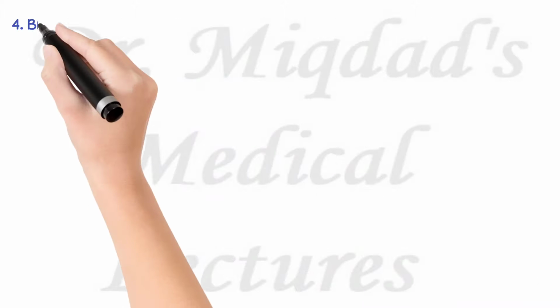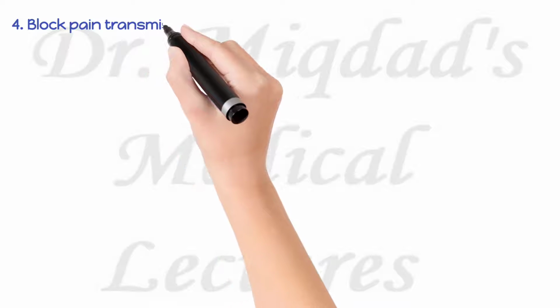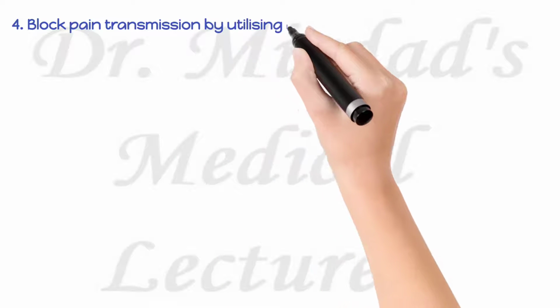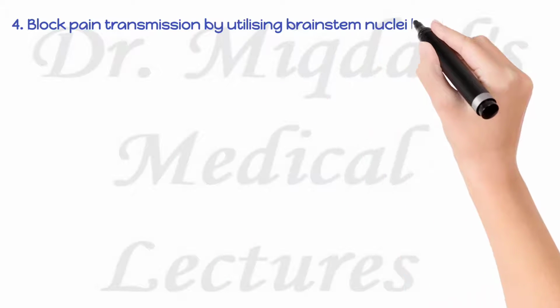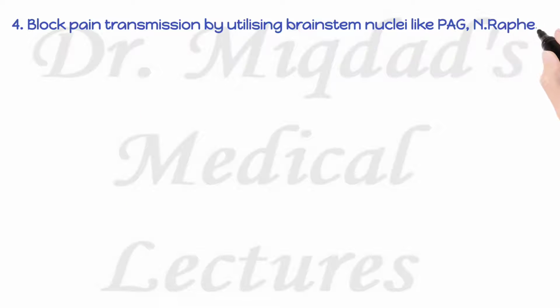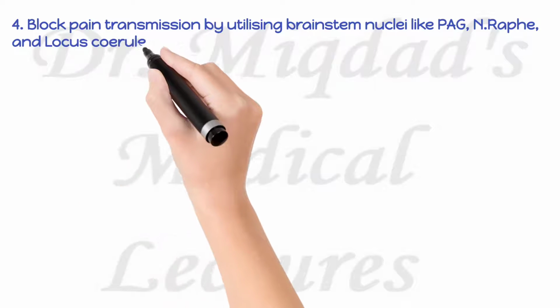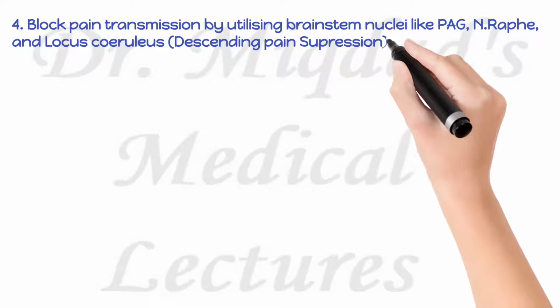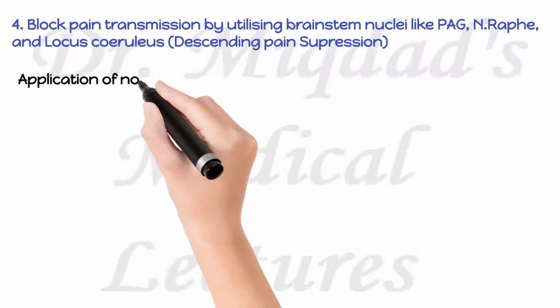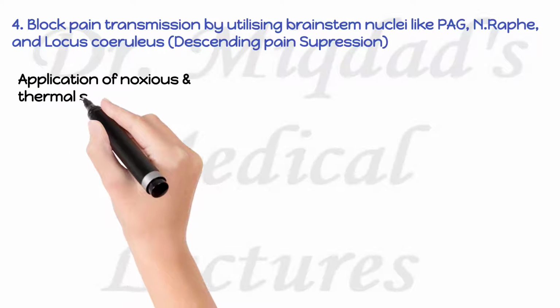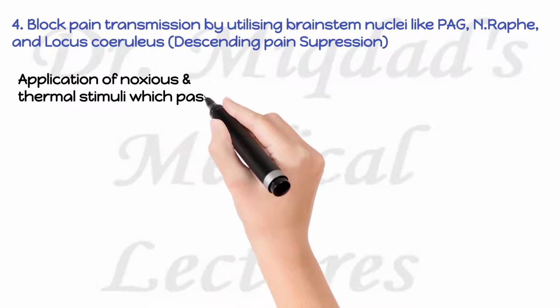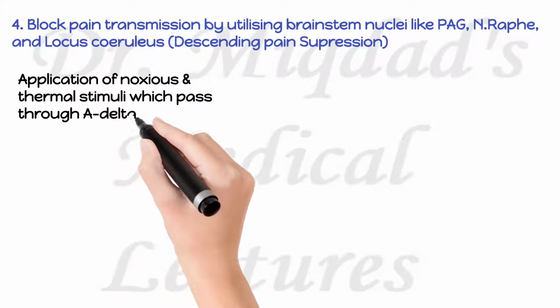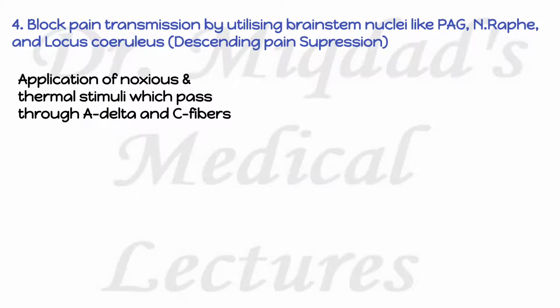Then next principle is to block the pain transmission by utilizing brain stem nuclei like PAG, nucleus raphe and locus ceruleus, which in turn activate descending pain suppression system. For this, we must apply noxious and thermal stimuli, which passes through A delta and C fibers via spinothalamic tract.